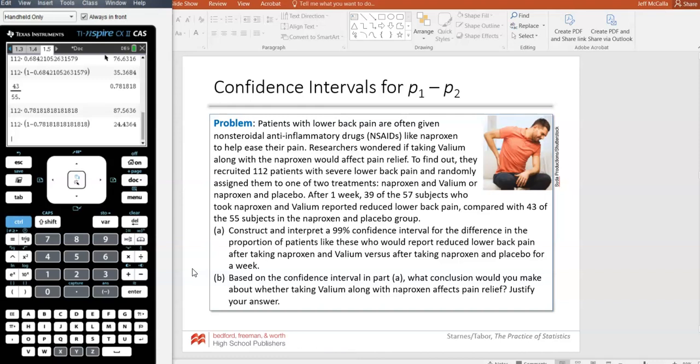So p1 would be the true proportion of patients who had reduced back pain who took naproxen and Valium. Whereas p2, again not p hat, would be the true proportion of patients who had reduced back pain who took naproxen and the placebo. So something like that. Let's see what they said.